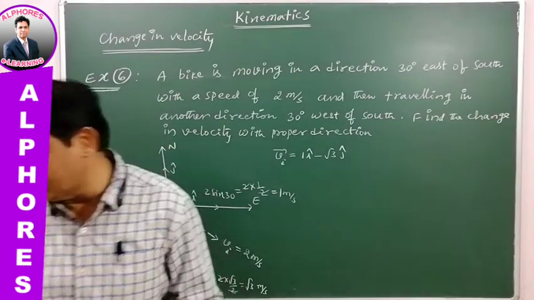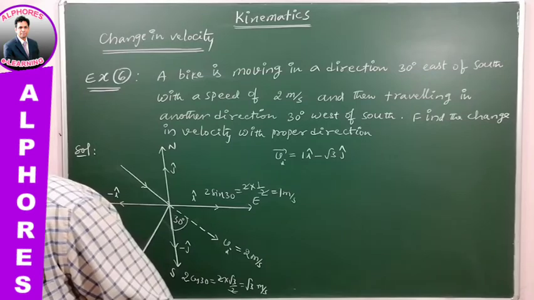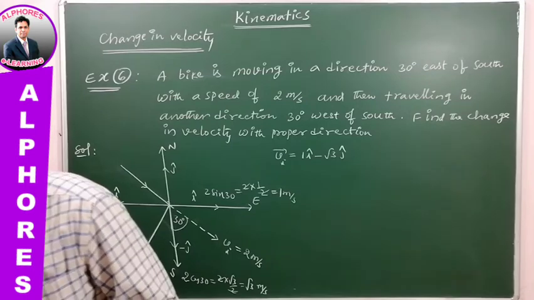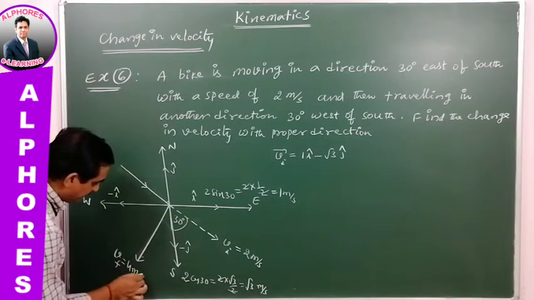We have to develop that data, with what velocity it is moving. Towards this direction, we have to take that velocity, 4 meter per second exactly. So it is 4 meter per second.